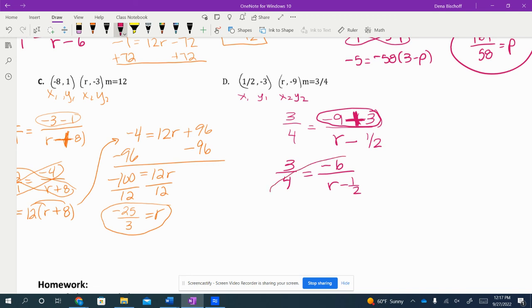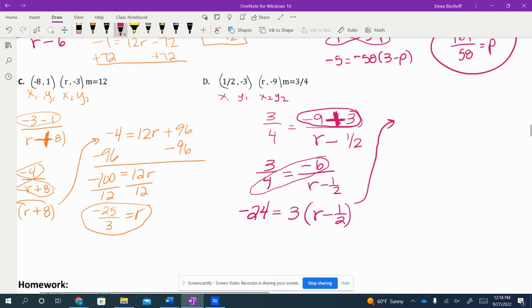So let's do the cross product. 4 times negative 6 is negative 24. And then I have 3 times the quantity r minus 1/2. So I have to distribute that 3. And when I do that, 3 times r becomes 3r.